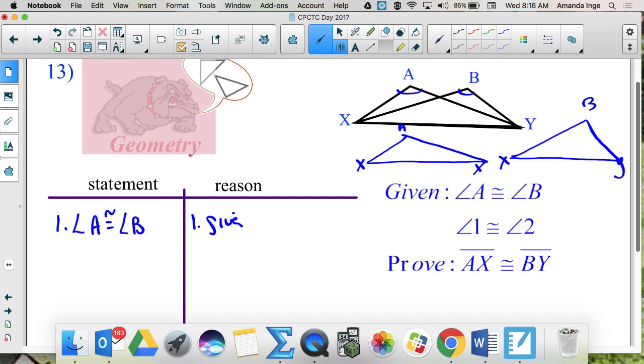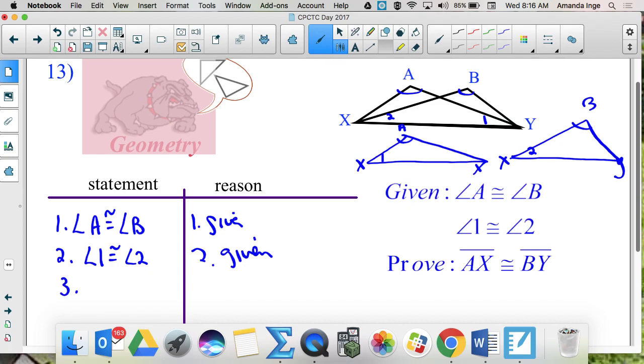Mark it on your picture. The next thing we're given, this is 2 and this is 1. This is A and this is B. You have angle 1 is congruent to angle 2. And that's given. They put it all on one line, guys.